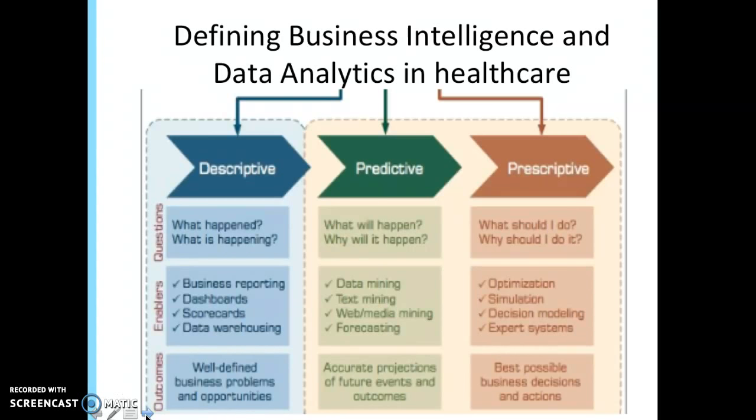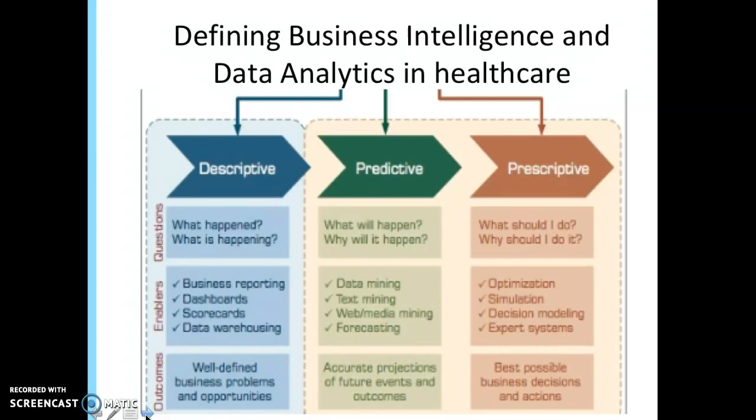And the outcomes are well-defined business problems and opportunities. Right now, many healthcare organizations are either in the descriptive column or they're even attempting to get to the descriptive column. Some more progressive organizations are already moving towards predictive.